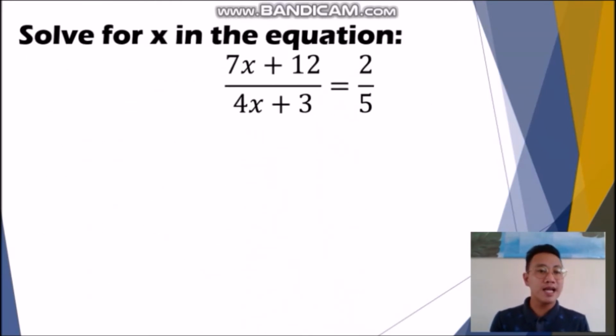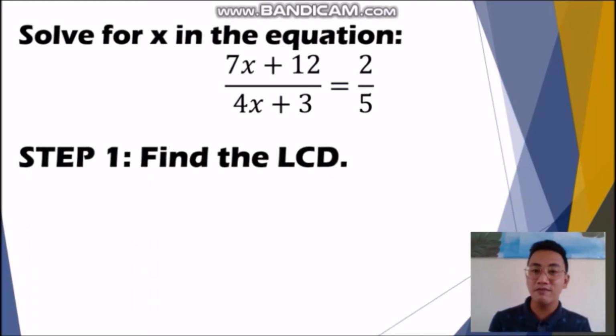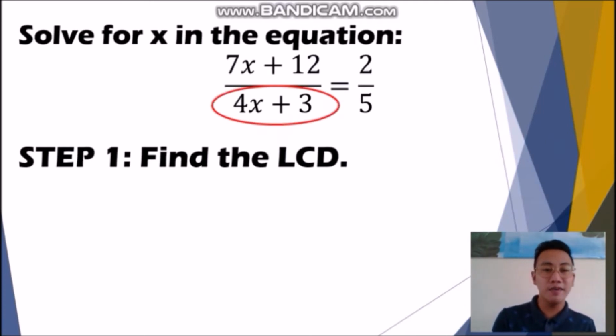Let's have this example. Solve for x in the equation (7x plus 12) over (4x plus 3) is equal to 2/5. Remember our first step, find the LCD. The LCD will be coming from our denominators, and the LCM of the denominators is our LCD. Our denominators are 4x plus 3 and 5.